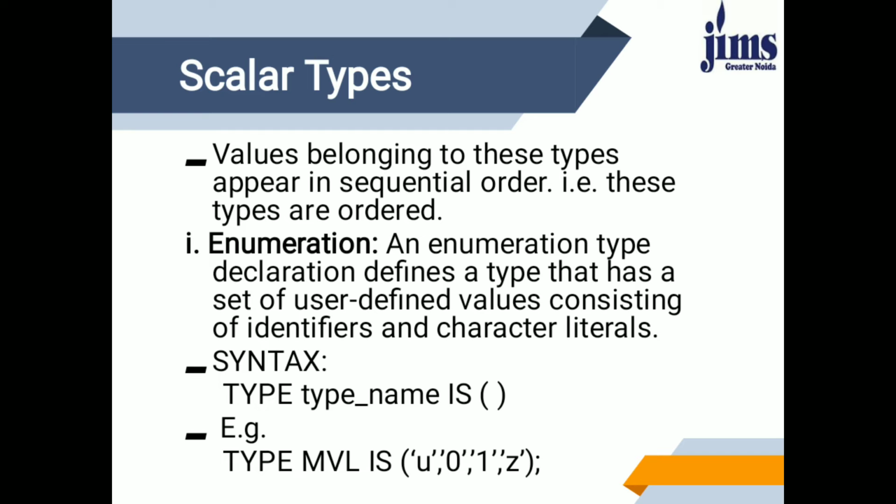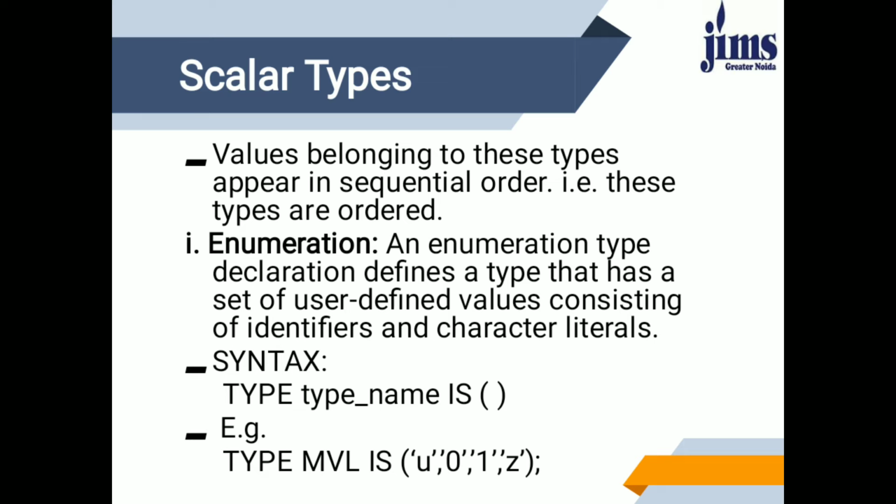An enumeration type declaration defines a type that has a set of user defined values, which can consist of identifiers and character literals. You can define an enumeration type by the syntax type, type_name, whichever name you want to give, and you need to define the values in brackets.